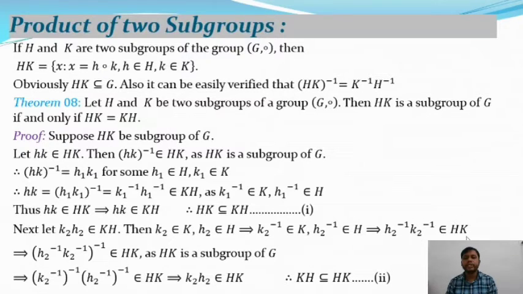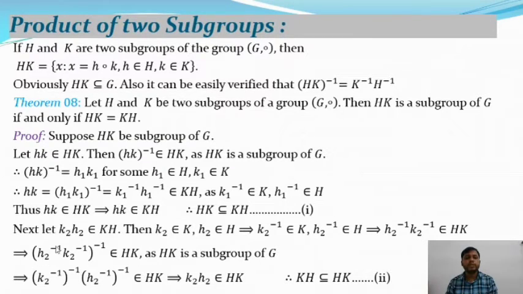You know that HK is a subgroup of the group G under composition and is also a group, and it satisfies the inverse property as well. So h2 inverse k2 inverse belongs to HK, so its inverse also belongs to HK.